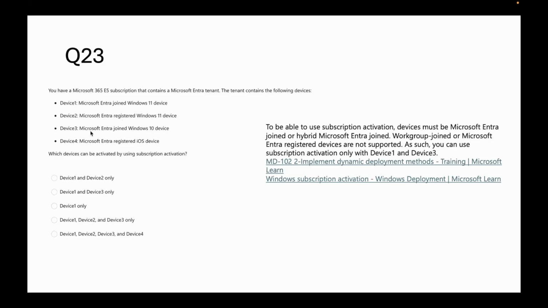You can see device 3 is Microsoft Entra joined, fine. Device 1 is Microsoft Entra joined, fine. And device 4 is registered, device 2 is registered. What should be the right answer? As per this description, device 1 and 3, because these two devices are the only Microsoft Entra joined devices.